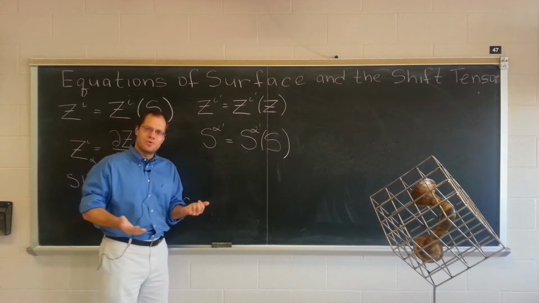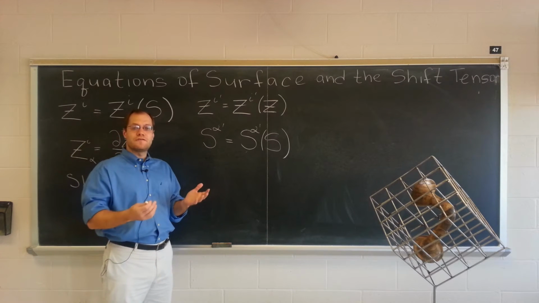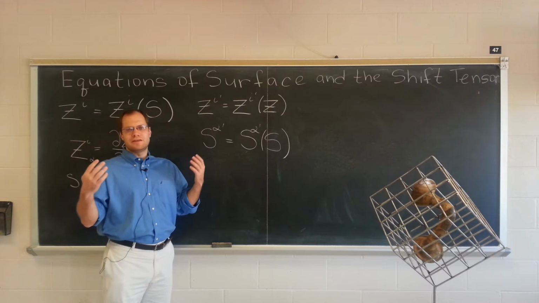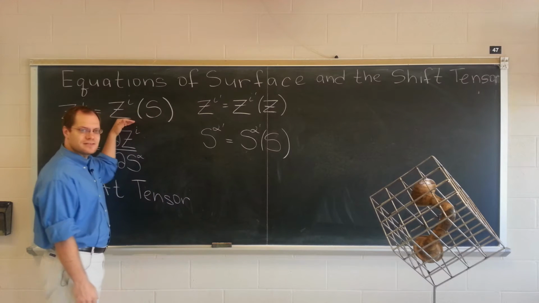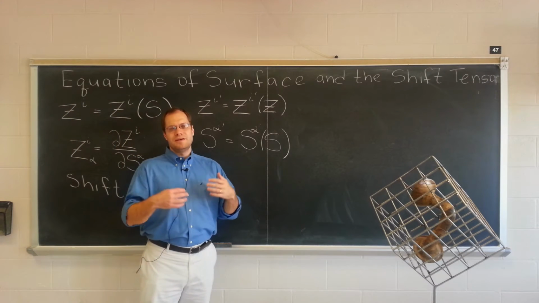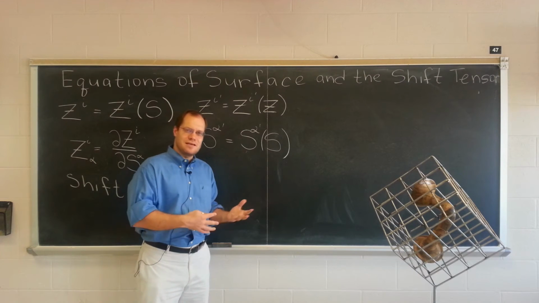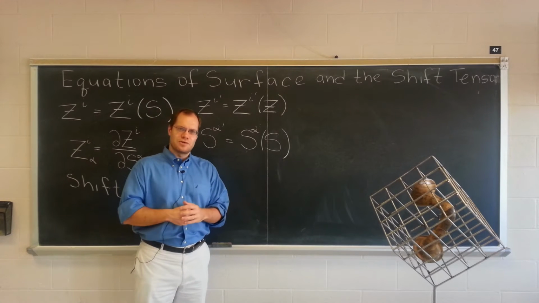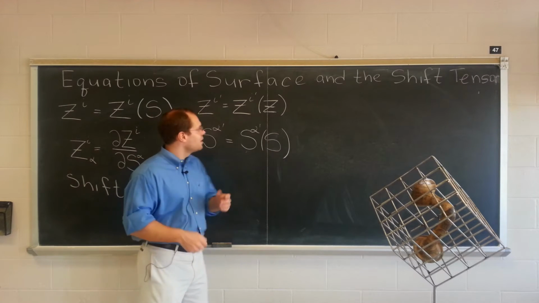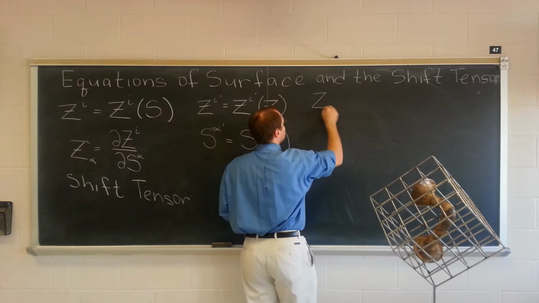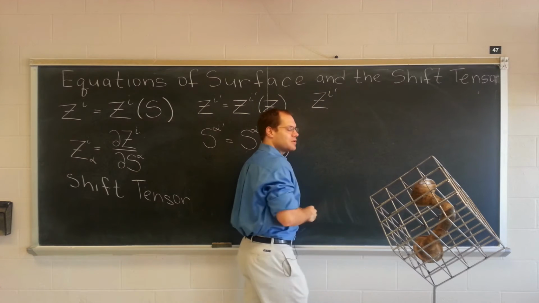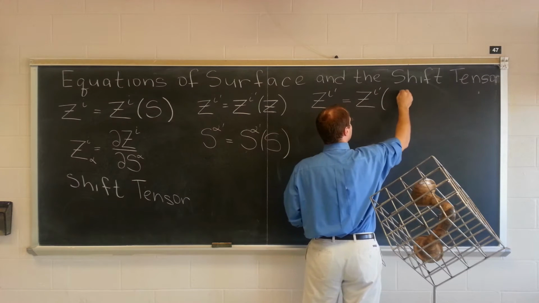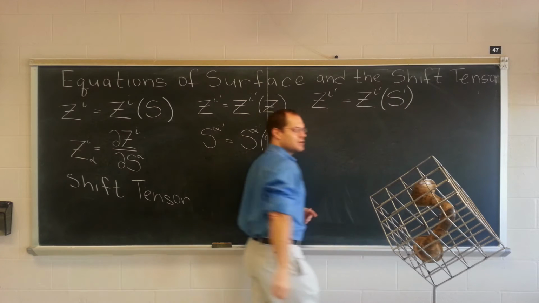With the choice of new coordinates, our surface will also be described by some equations. Those equations might look very different from these equations, but nevertheless, there will be a new set of equations that describe the same surface, but with respect to different ambient coordinates and different coordinates on the surface. And those equations will give us the new ambient coordinates as some functions of the new surface coordinates.